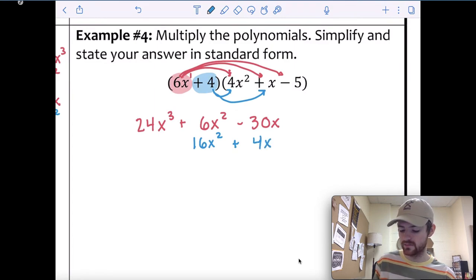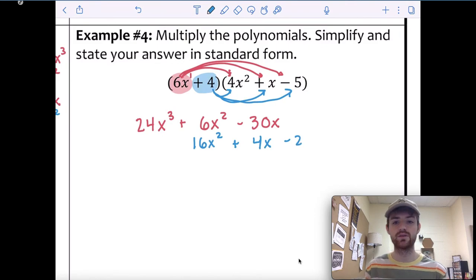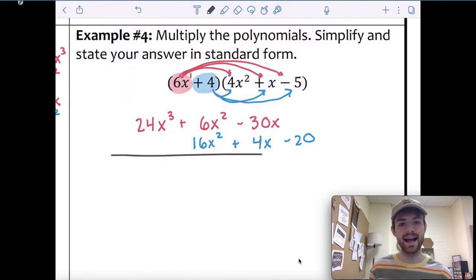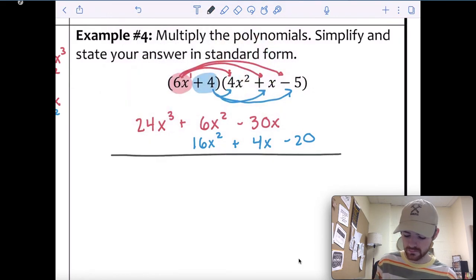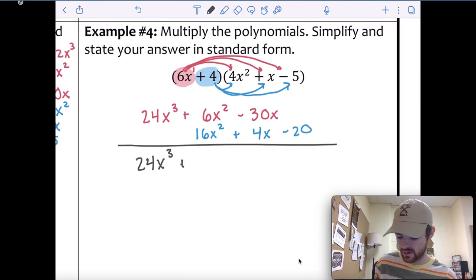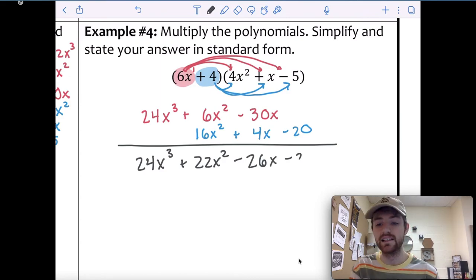And finally, 4 times negative 5, which is negative 20. There's no place to stack it, so I'll just write it off to the side. Then we add our columns. 24x to the third plus 22x squared minus 26x minus 20 is our final answer.